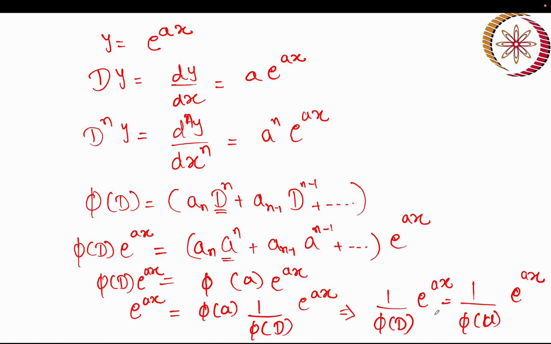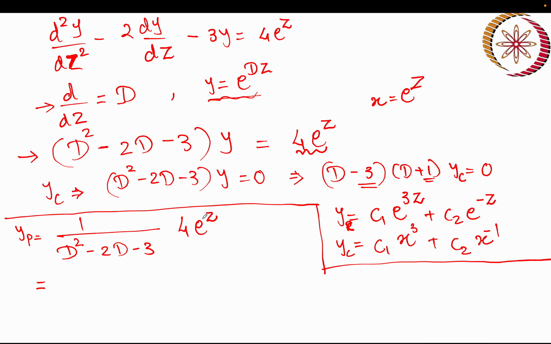So we'll use this identity directly in this equation, where whatever is on the denominator, instead of D we are substituting the coefficient present in e raised to ax.